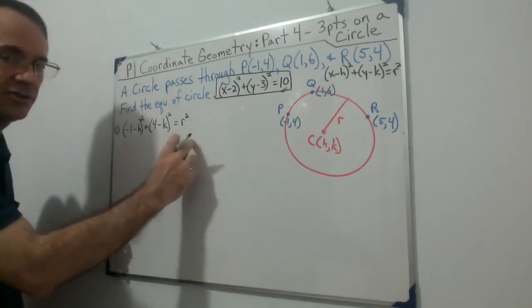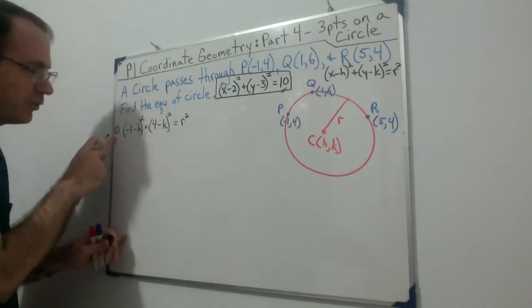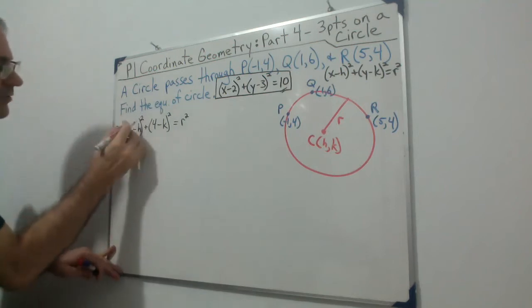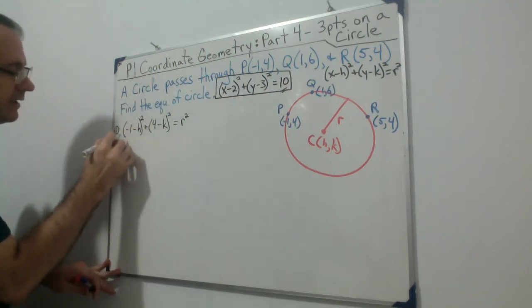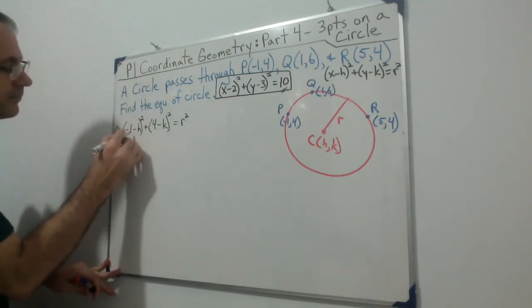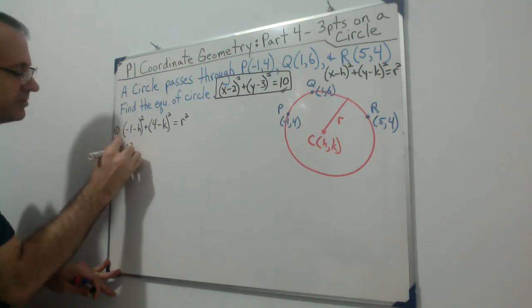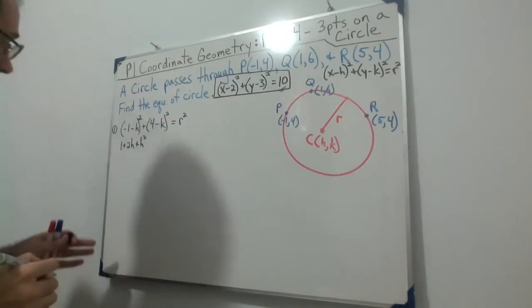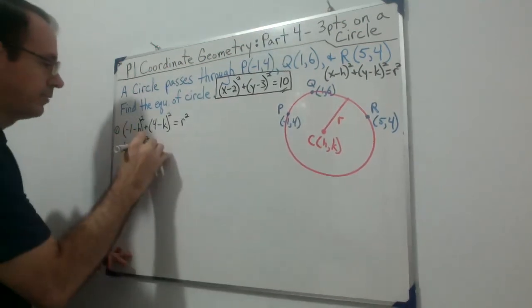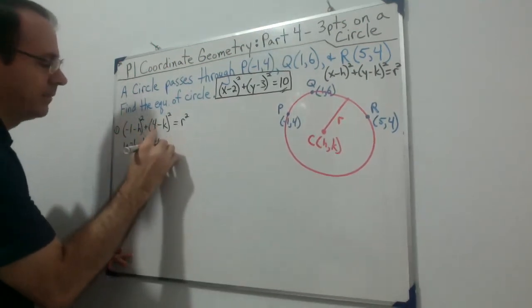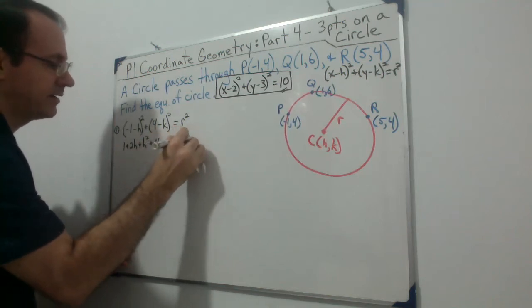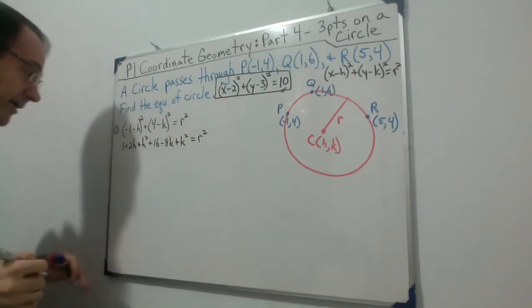If we're going to be doing a lot of algebra, sometimes you want to keep track of what goes together. So we do this, we get 1 plus 2H plus H squared plus 16 minus 8K plus K squared equals R squared.